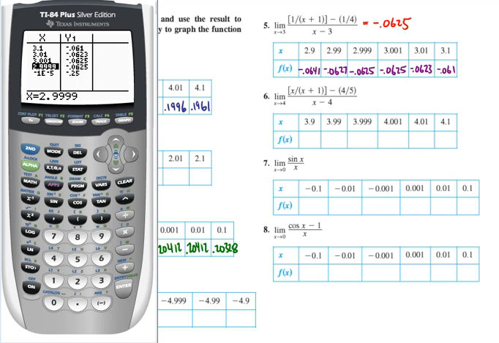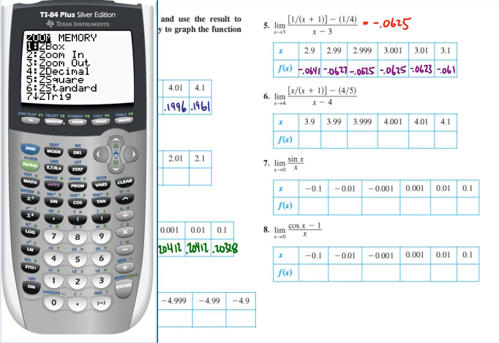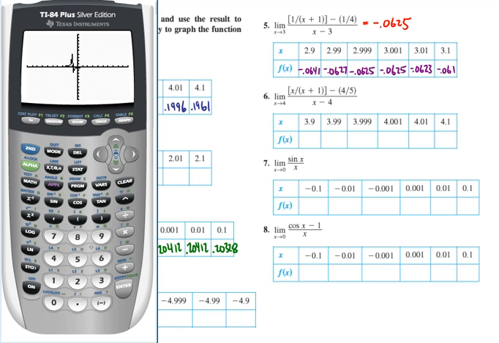Now we'll actually go ahead and look at the graph of this function. Since we have some time, we'll do a zoom and then option number 6, which is Z standard. Now we can't see a whole lot there, so what I'm going to do is adjust my window to go from negative 5 to positive 5 and see if that helps at all.